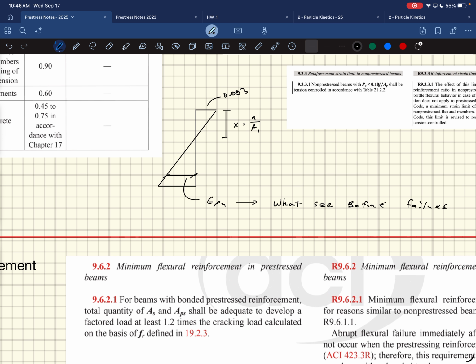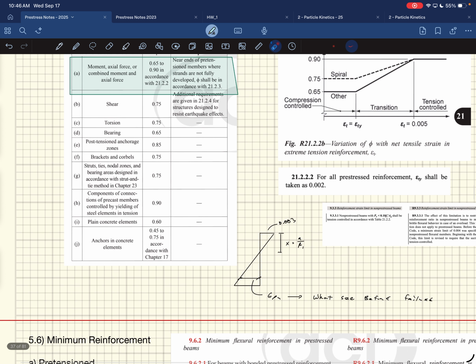Given that, based on similar triangles, and this is fixed at 0.003, you just solve for what a needs to be. Then a over beta 1 tells you that distance x, and now we have that x, and based off of similar triangles, you can get what epsilon t is, and then based off of what your epsilon t is, you then come up and use this 0.65 or 0.9, and it varies, right?